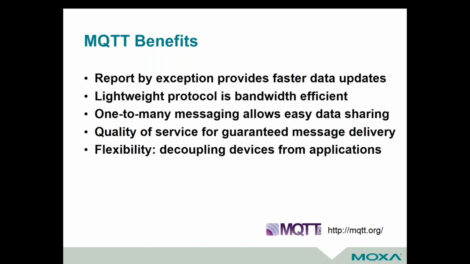And if you want to look at the bits and bytes flying across the wire through the air, it's a really super lightweight protocol, which means it doesn't take up a lot of bandwidth. This is one of the reasons folks within the oil and gas industry have adopted this: on satellite links or areas where you're going to use cellular backhaul to get that back to the central location, it can be really efficient, and that report by exception cuts down on your data costs.